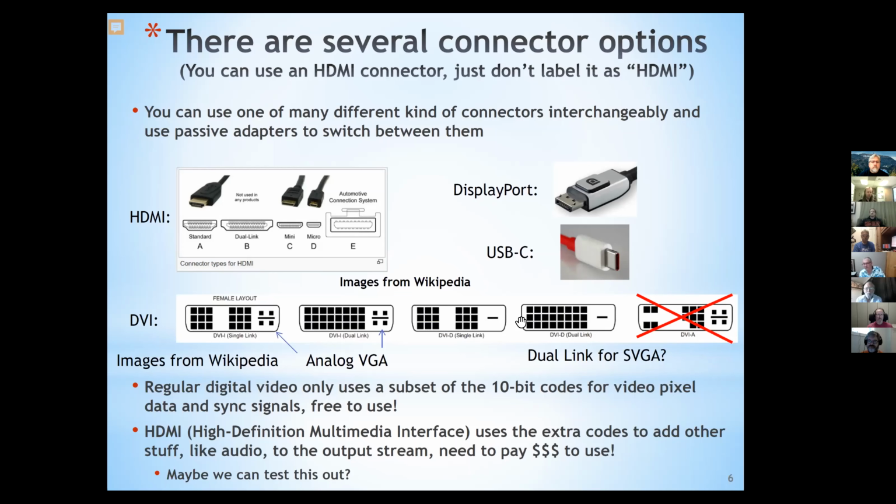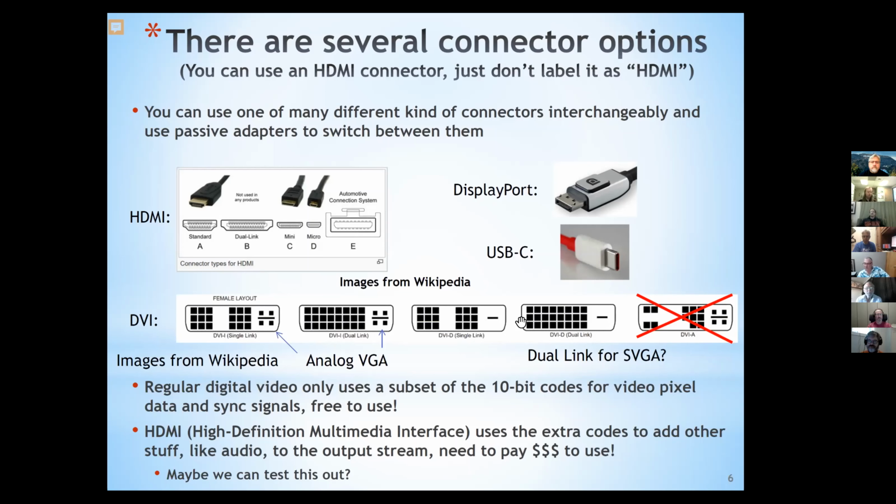Okay. So the regular digital video uses just a subset of those 10-bit codes. HDMI actually means a lot of different things. It's the connector, it's the logo, but it's also the way they stuff audio into the stream. And they use these extra codes to do that.